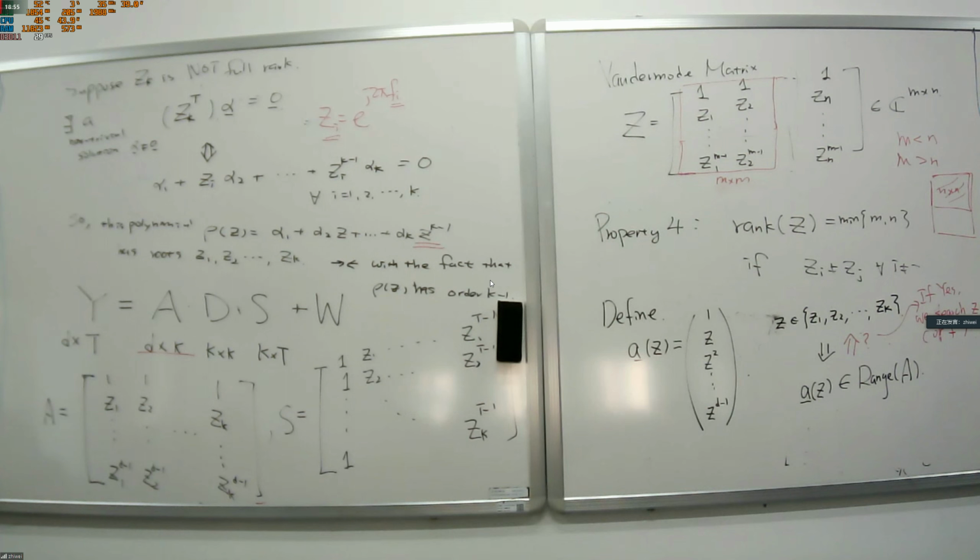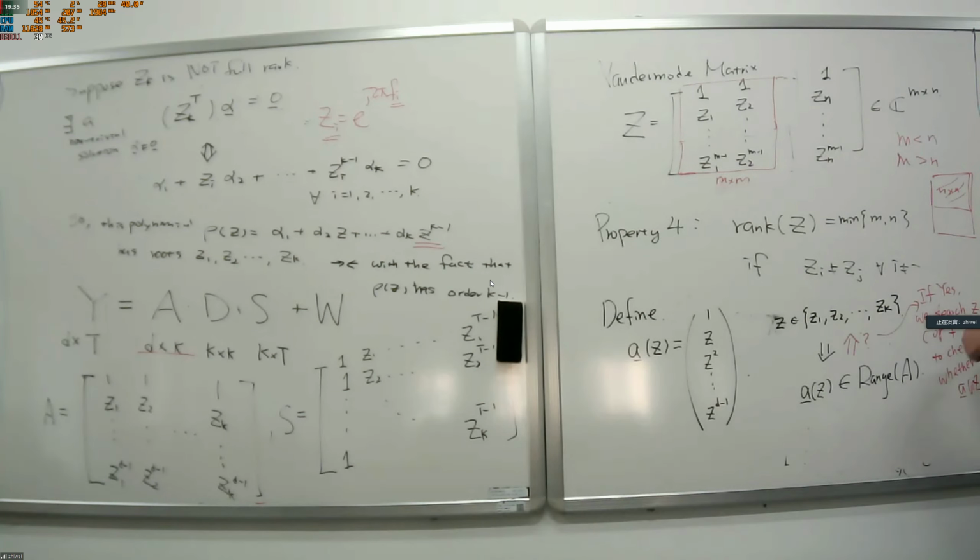Each f gives you a z. So if yes, then we can search a frequency f and check whether a(z) belongs to the range space of A or not. If this is true, then we can do something like this.